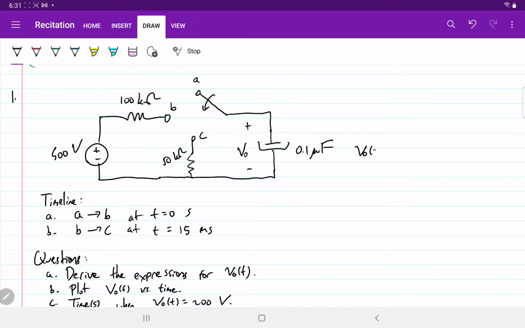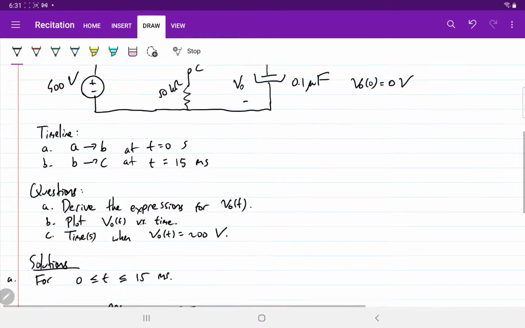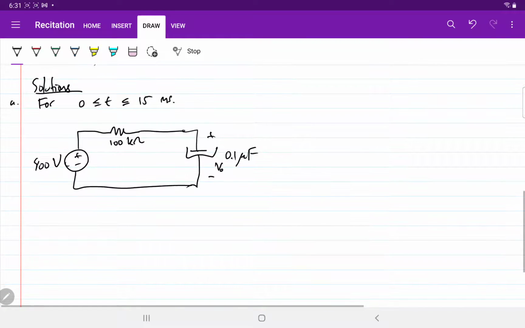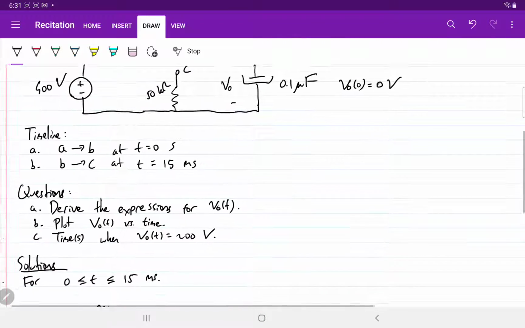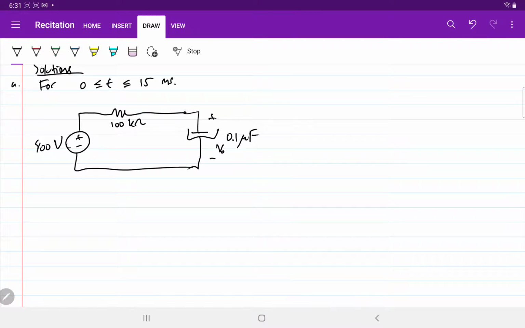V0 is 0 volts, so it means that the capacitor is not charged initially. For t less than 0, the capacitor doesn't have any charge in it, so of course the voltage is 0. So we need that initial condition.